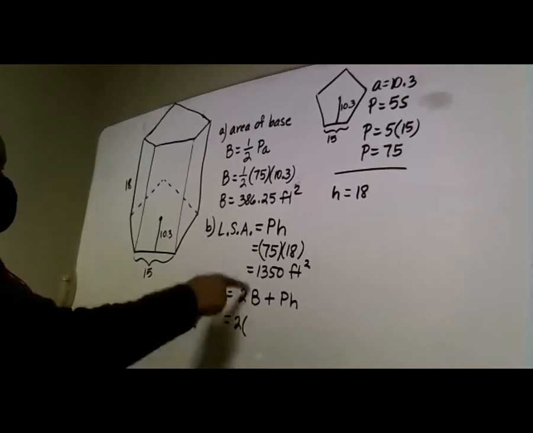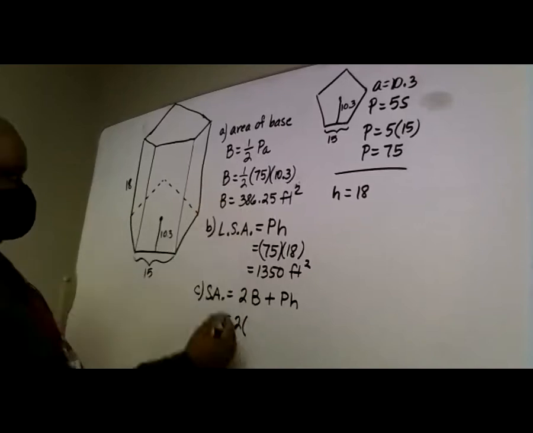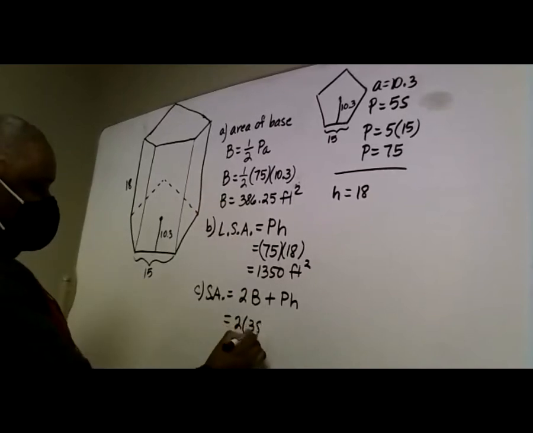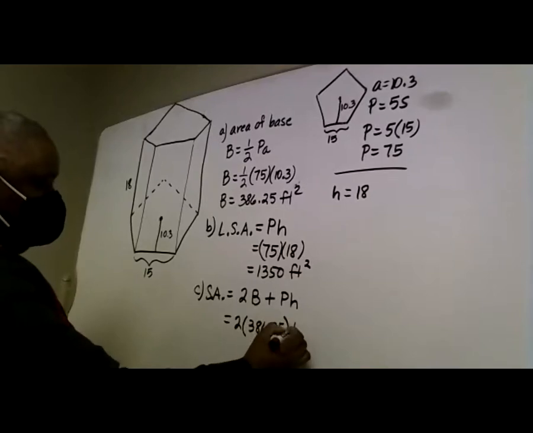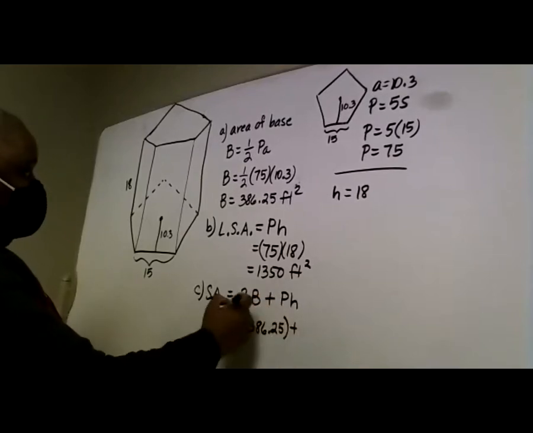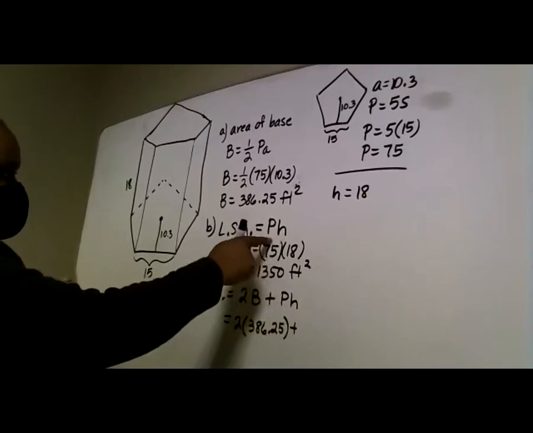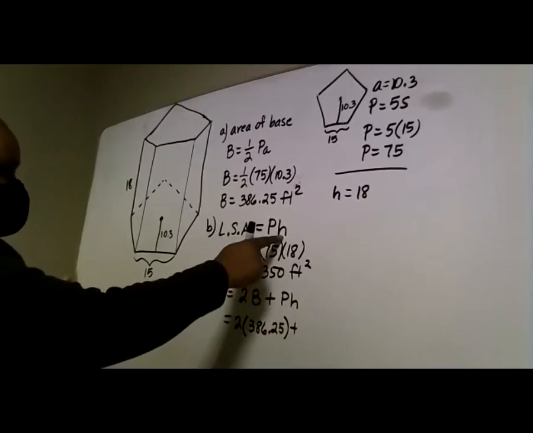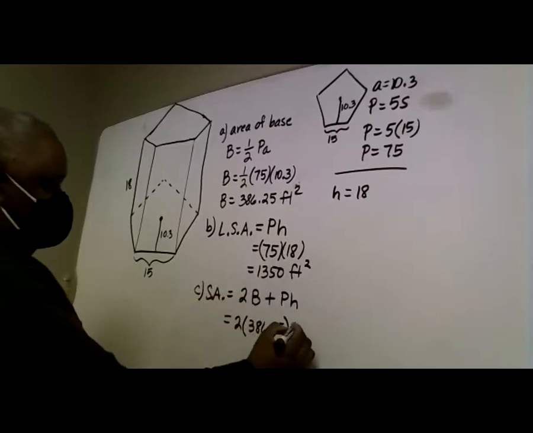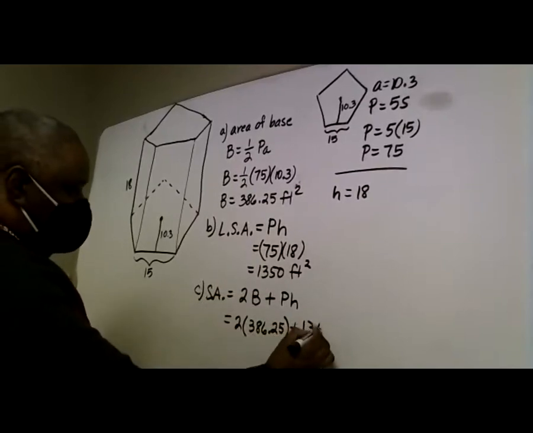So 2 times the base, we found this out to be 386.25, plus the perimeter times the height. Well, that's this right here, that lateral surface area. That's the perimeter times the height. That's the 1,350 that we came up with.